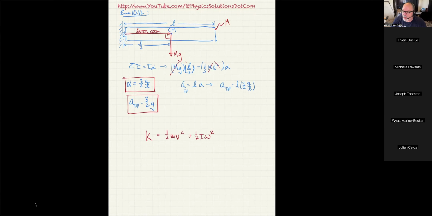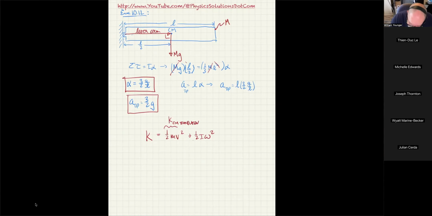Notice that I've used all the rotational analogs. The rotational analog of mass is I, the rotational analog of velocity is omega, and pretty much what's been done here is I replaced the m with I and I replaced the v with omega. Now we treat this part as the kinetic energy of the center of mass translating, so it's called translational motion.